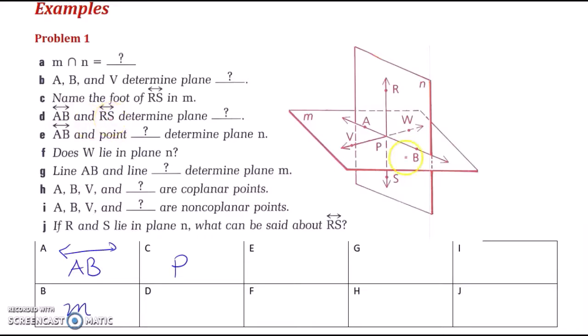AB and RS. So AB is here and RS is here. Any two lines that intersect determine a plane. In this case, they determine plane N. AB and a point determine a plane in N. So here's AB, and it would have to be a point not on the line.